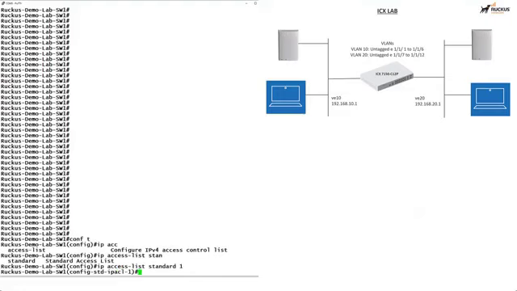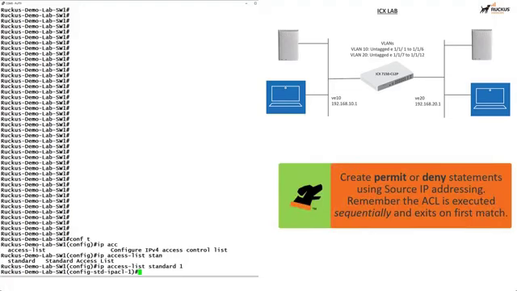Right, now I need to create some deny or permit rules to allow certain IP addresses, and standard access control lists only use source addresses. The way the access control list is read is very similar to a firewall rule. They are read top down, and as soon as we have a match, that rule is applied immediately.